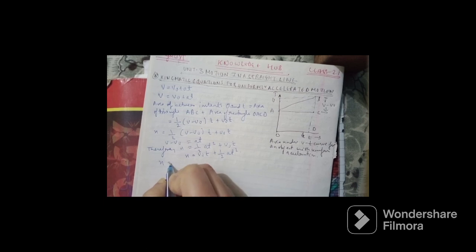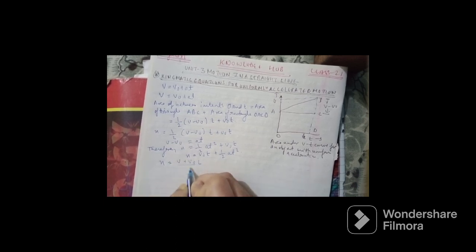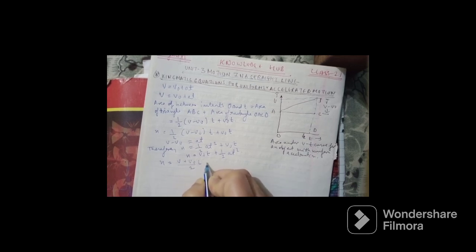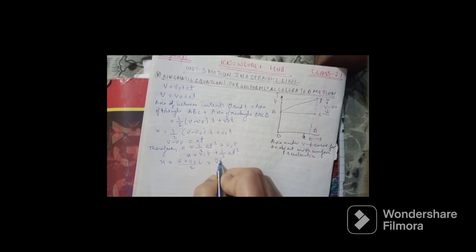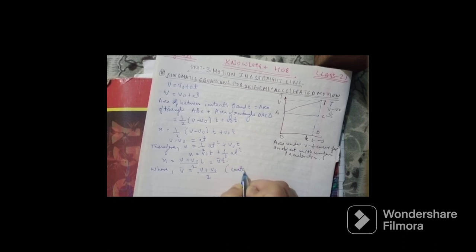In that also we take x equals (v plus v naught) t by 2, equals v bar t, where v bar equals (v plus v naught) upon 2. This is for constant acceleration only.